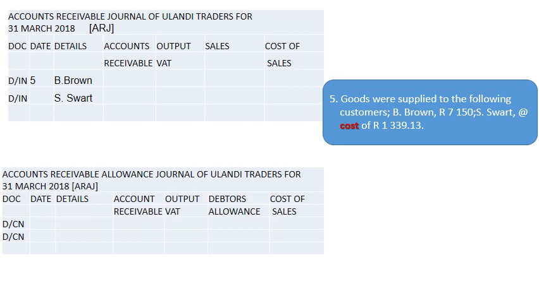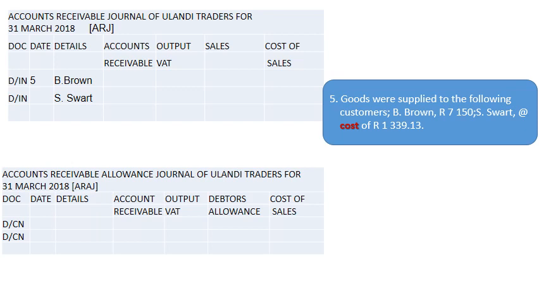We will record them as follows. Under source document, we will use the duplicate invoice. Why the duplicate invoice? Because the original invoice was issued to B. Brown. Therefore, we remained with the duplicate, which will be used as a source document.